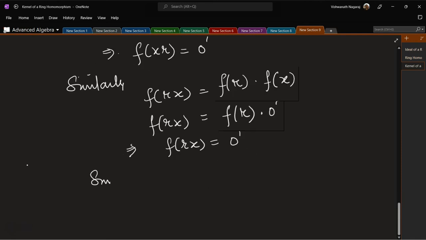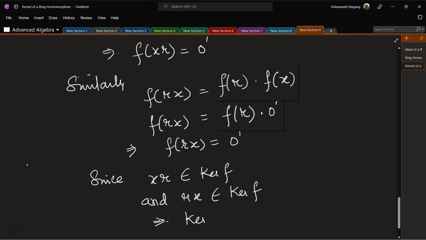Now, since xr belongs to kernel of f and rx belongs to kernel of f, that implies that kernel of f is an ideal of R, because that is the condition, no? Both rx and xr should belong to the ideal. Okay, so that is the second theorem.